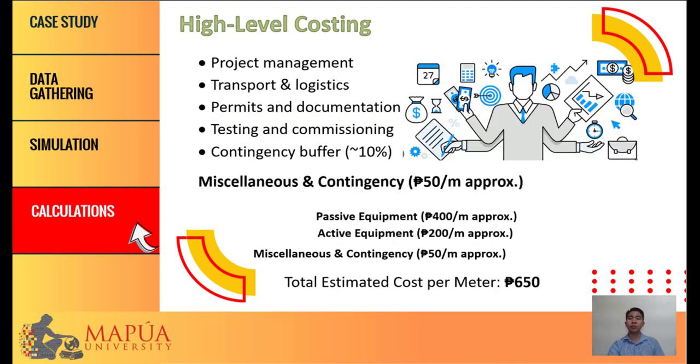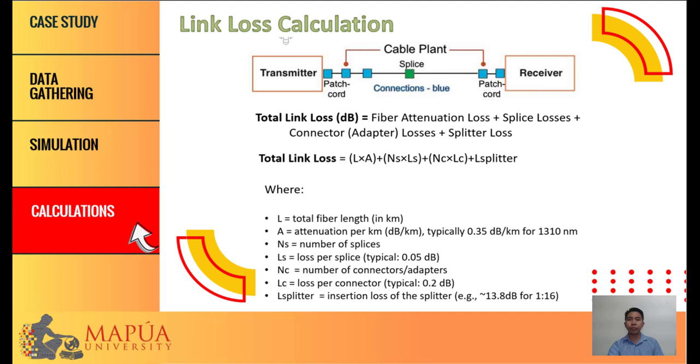We allocate 50 pesos per meter to cover project contingencies, management, and testing. This brings the total estimated cost per meter for the project to 650 pesos, which will be used as the basis for all cost calculations.